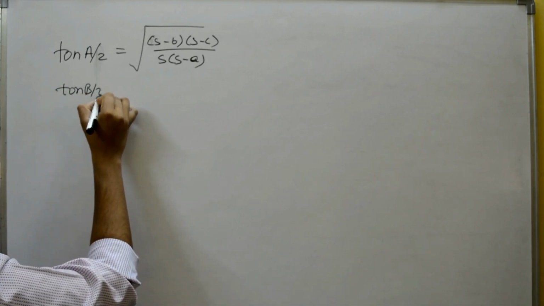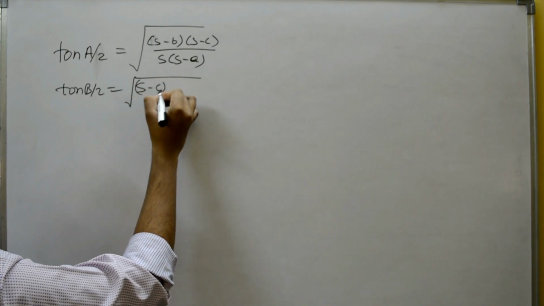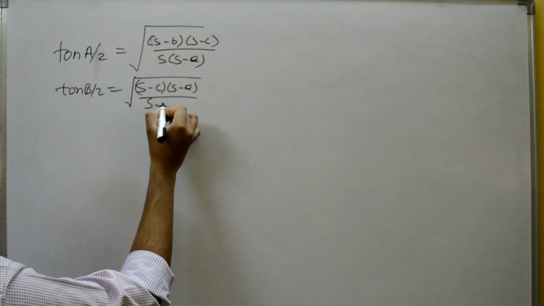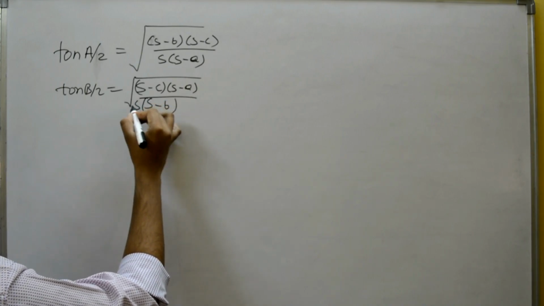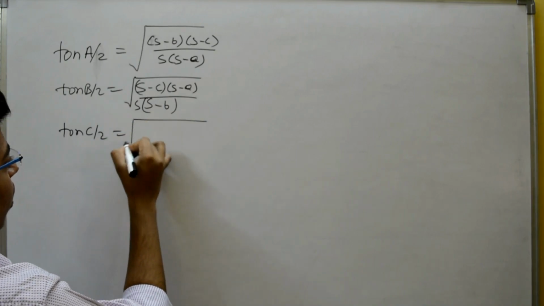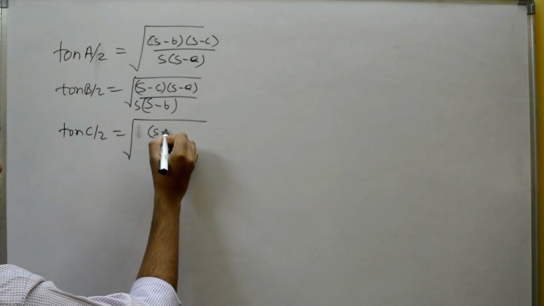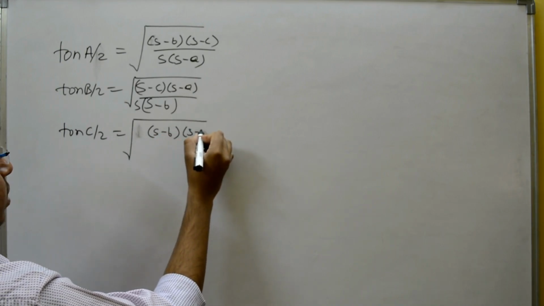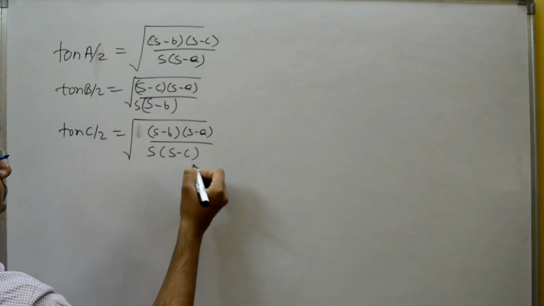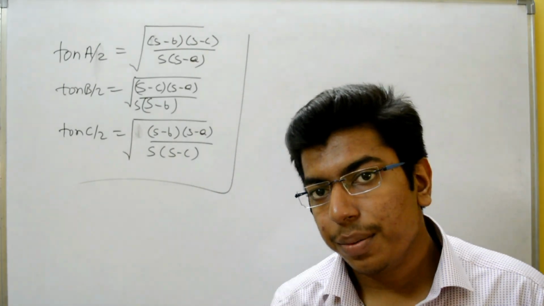Tan B by 2 is equal to under root of (s minus c)(s minus a) upon (s minus b) into s. Tan C by 2 is equal to under root of (s minus b)(s minus a) upon s into (s minus c). This is all for the tan.